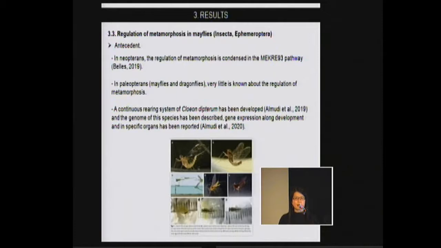In the past, we could not do that because it's not easy to keep these insects in the laboratory. But now, with the successful continuous rearing system of this species, Cloeon dipterum, which has been developed recently, it allows us to study metamorphosis under experimental conditions.